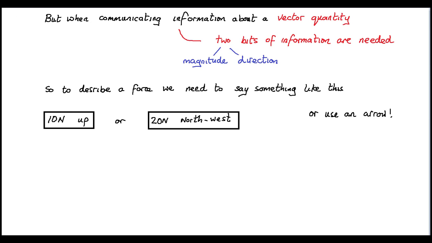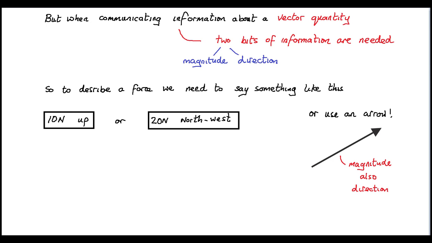Or we can simply represent the force using an arrow. An arrow is a very useful device because it contains both magnitude, which is represented by the length of the arrow, and direction, which is the direction that the arrow is pointing in. So it's very common to represent vector forces using an arrow.